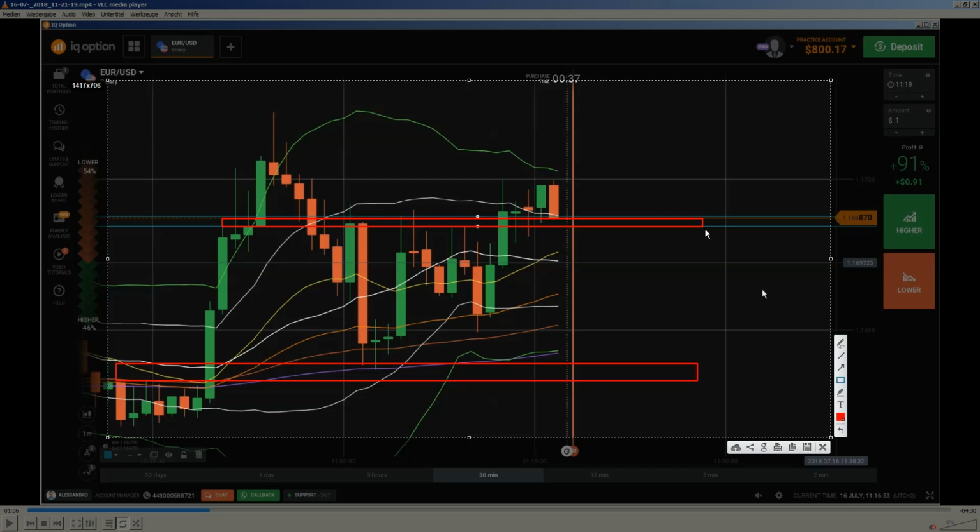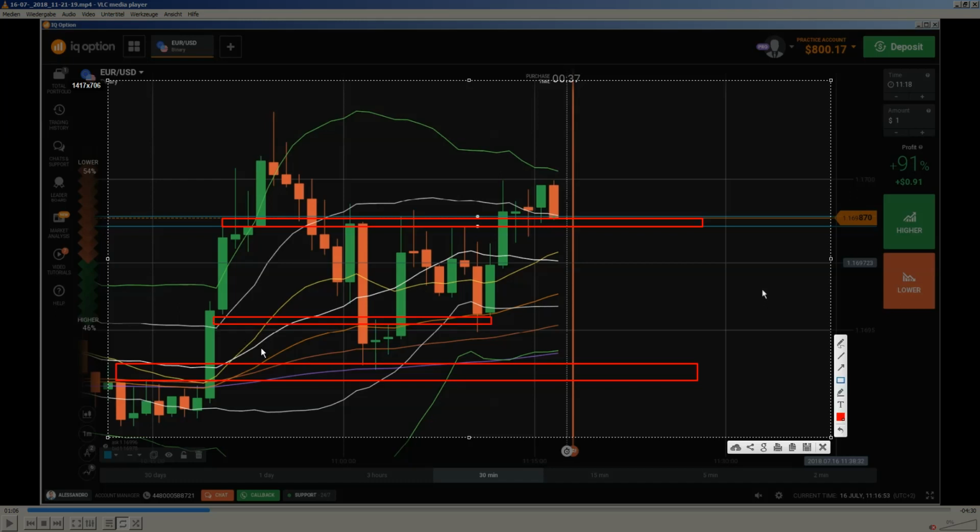Here in between I would not draw any kind of support and resistance level, but this can be one support and resistance area, for example the change of polarity, this kind of area here. This would also be a support and resistance area.